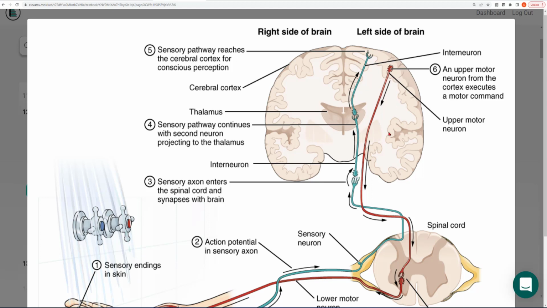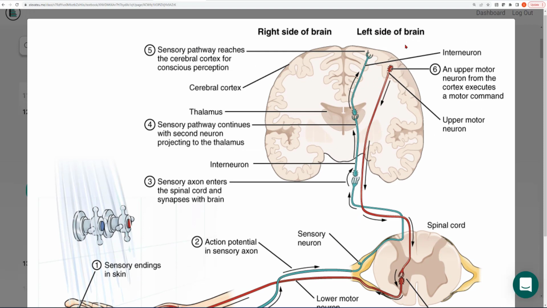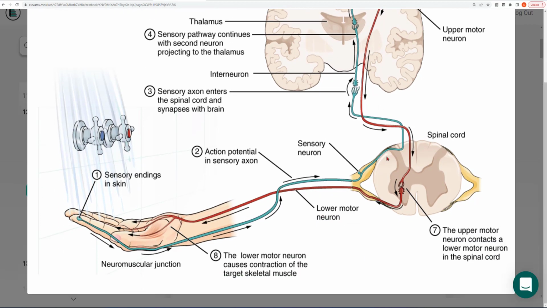They're on the opposite side, and we've already seen that word decussate to describe the crossing over of these neuron pathways. So we'll see that again, but it's pointed out here that the left side of the brain is receiving and controlling signals for the right side of the body, and vice versa.